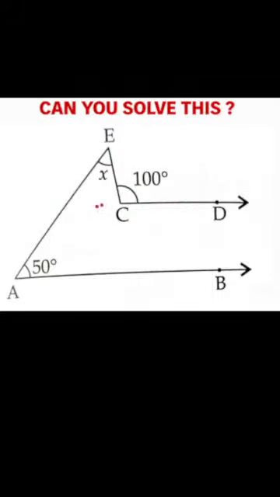We can do it either way. Either I can extend this, or I can extend this. That's completely up to you. Let's suppose I'm extending this. So if this is 100, this is also going to be 100, corresponding angle, then x and this 50 together will form the sum of 100.